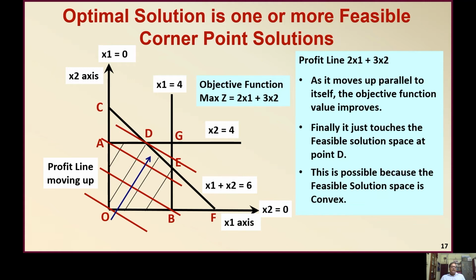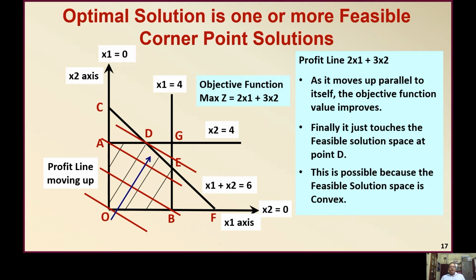The property is that the feasible solution space, once we get it, we know that the optimal solution will lie at one of the corner points of the feasible solution space. In other words, when solving graphically, a corner point feasible solution is going to be our optimal solution.